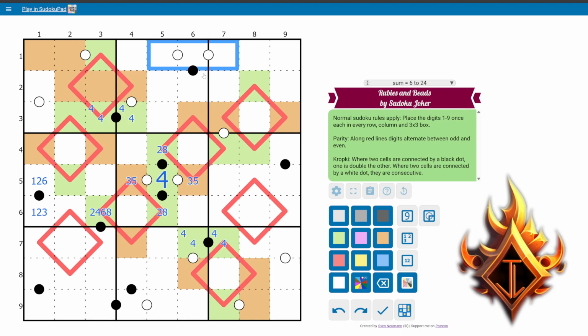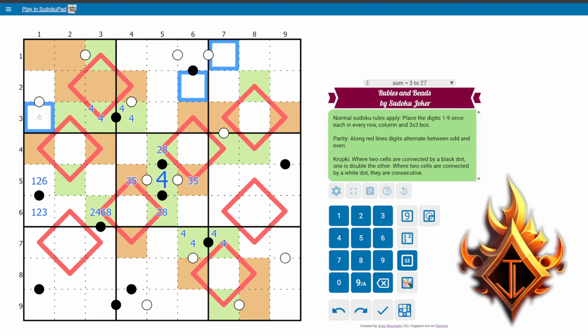Would have 1, 2, 3. 1 would have to go there. So then that would be 1. That would be 2. So that would be 6, 3. That would be 4, 8. I guess that would be okay though. Seems like it would. Maybe.